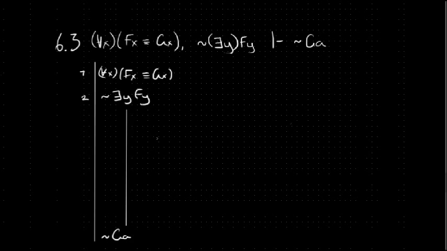Sometimes we might not even know how to go about this, but we can just give it a try. Doing it by negation introduction would mean assuming GA and then showing that that's somehow contradictory. So if we assume GA, what could we do here?